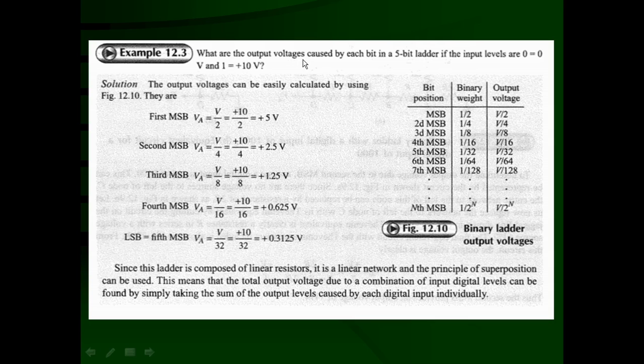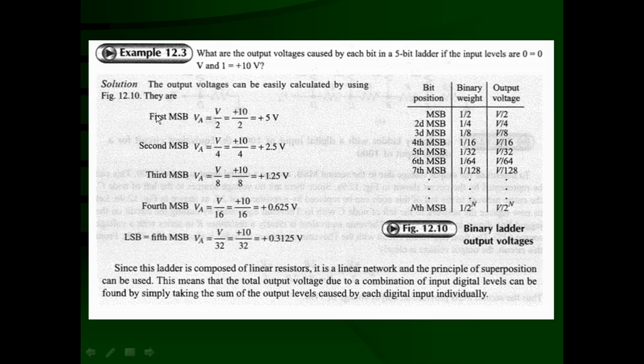What are the output voltages caused by each bit in a 5-bit ladder network, if input levels are binary 0 corresponding to 0 volt and binary 1 corresponding to plus 10 volt? Solution: the output voltages can easily be calculated using figure 12.10.